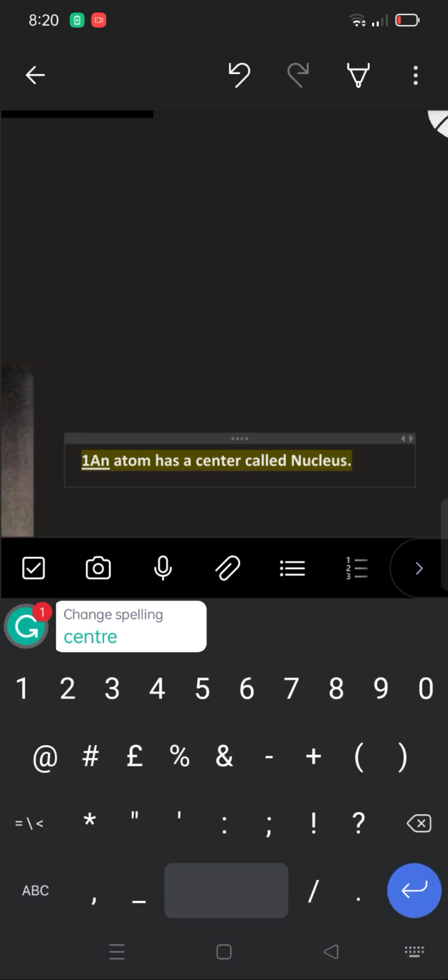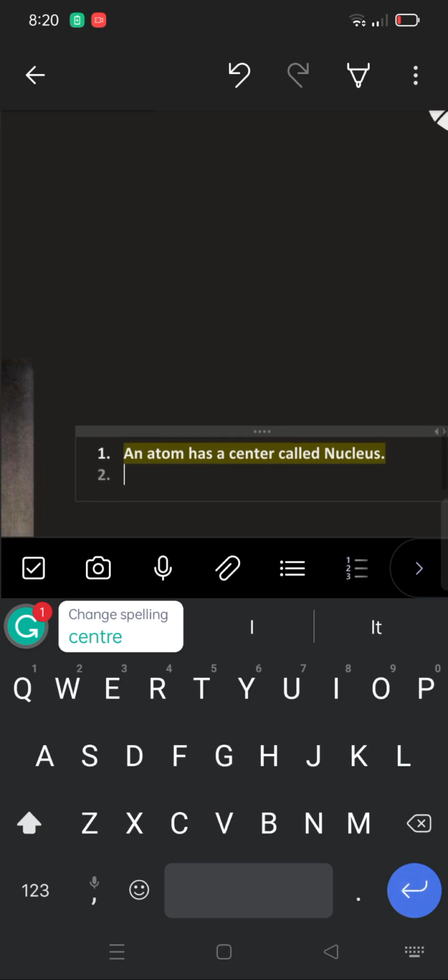The second point of his theory, wait, let me write here. The second point of his theory: electrons revolve in fixed, he just used this term fixed, right?